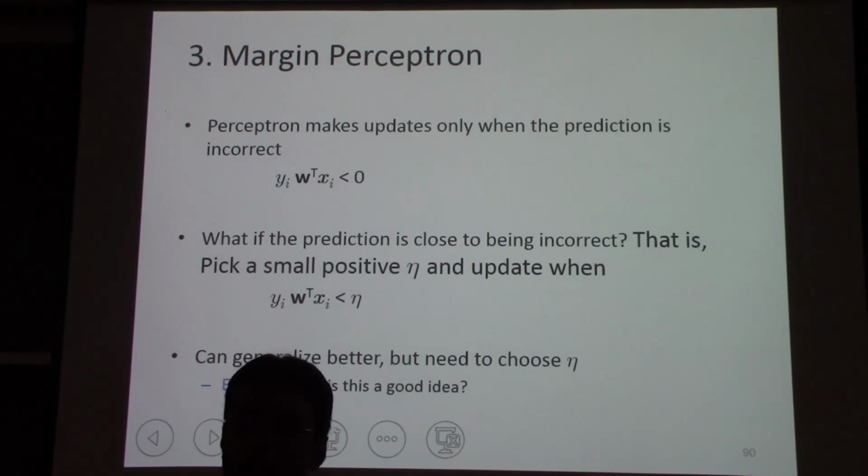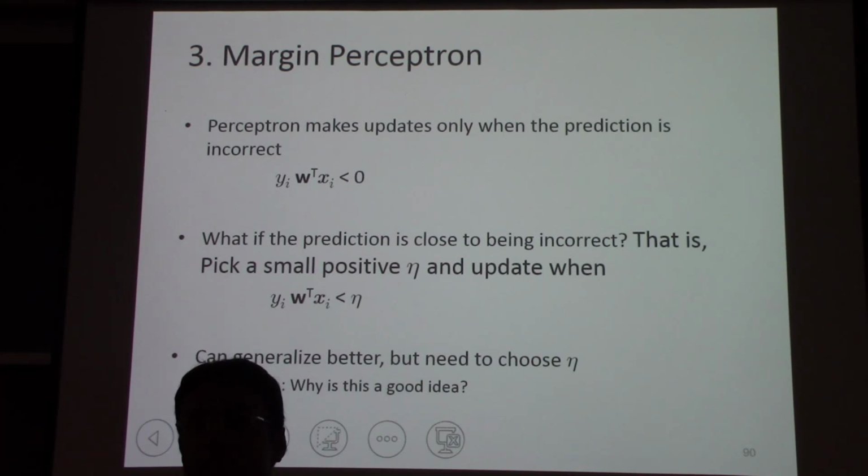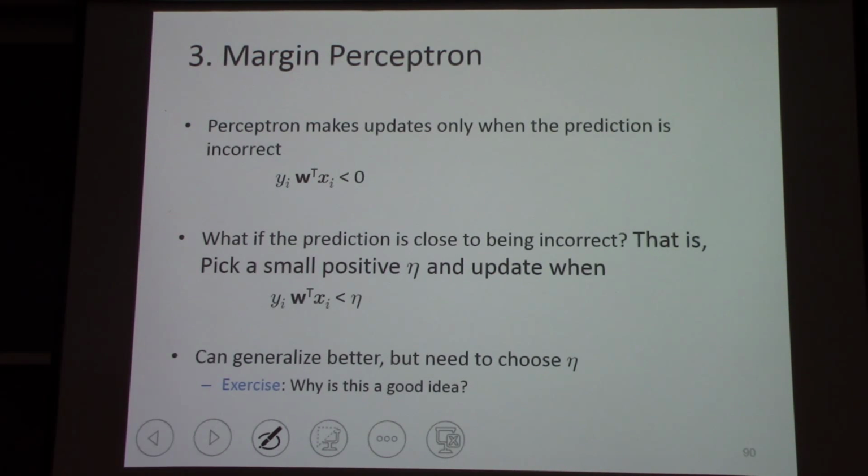So this is related to your question, so let me answer the same thing. We have 3 hyperparameters: the learning rate R, T, and now we have eta.